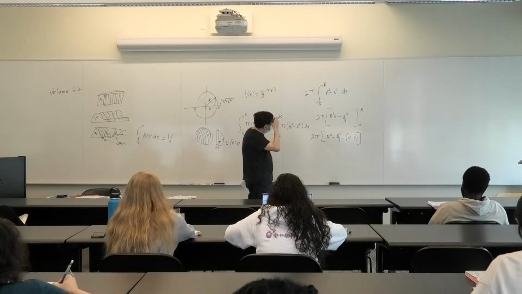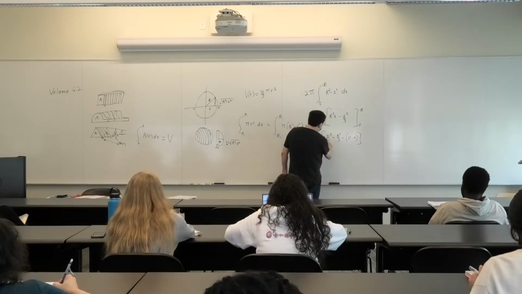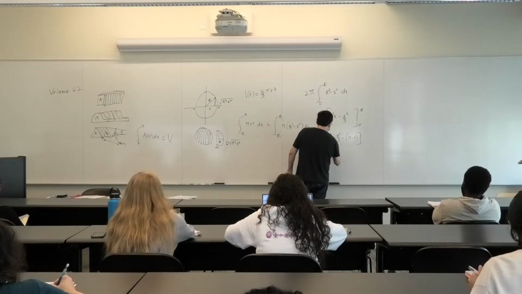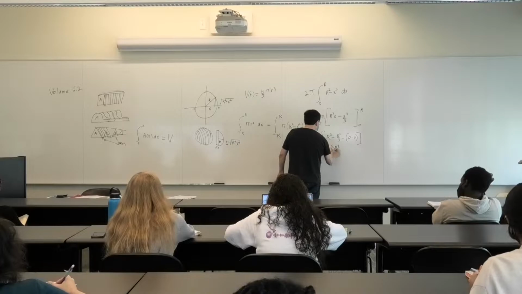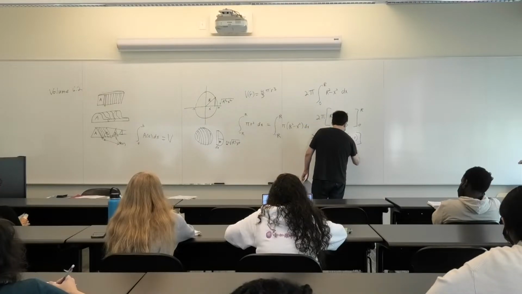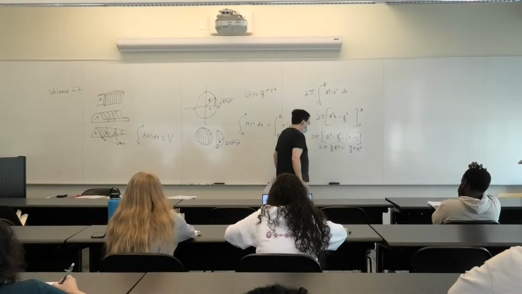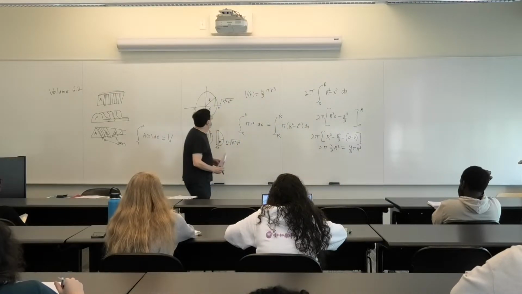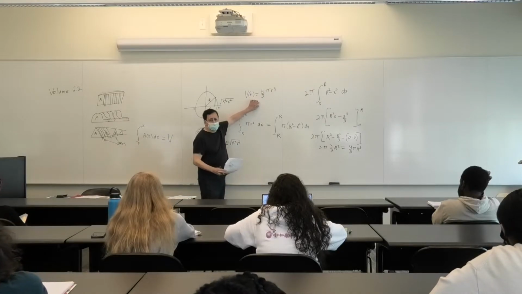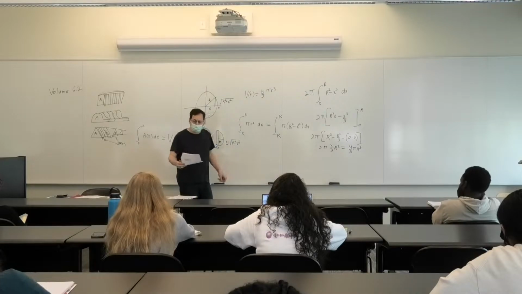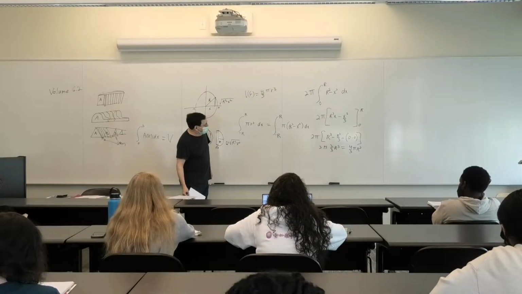Okay. Well, R cubed minus 1/3 R cubed is what? That's 2/3 R cubed, times 2 pi gives us our 4/3 pi R cubed. So this mysterious formula that you've just been given up till now has a derivation using calculus.